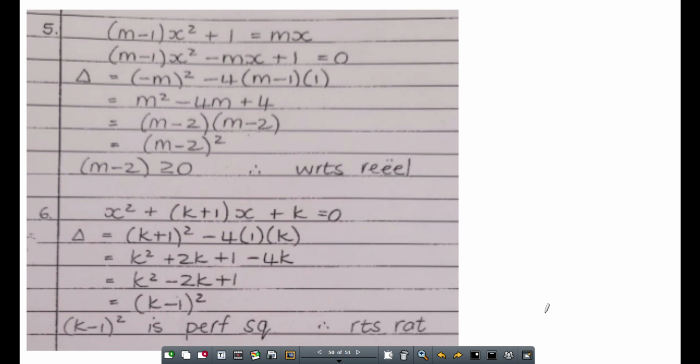Okay, so wat ons nou gaan doen is we are now moving to chapter 9, which is on page 188. 188, yeah? We forgot how to.